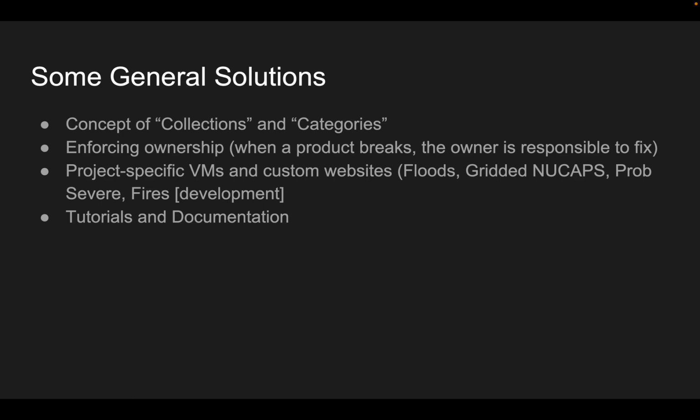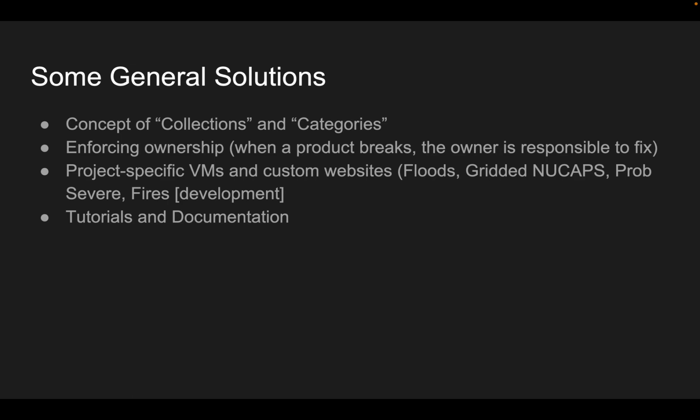In each collection, a subset is a category. Enforcing ownership: when people upload data, they have to register with us, and we want to enforce ownership so that if something goes wrong with the product, we have a point of contact to figure it out, and not just the four of us that work on RealEarth the most.